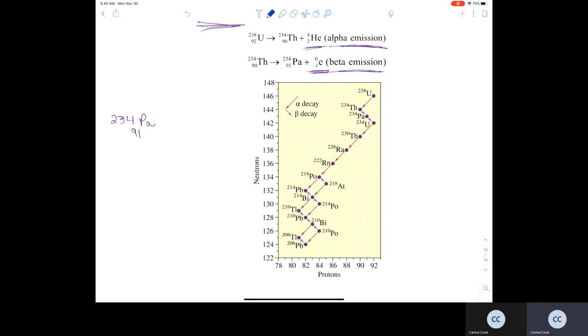It's one of those actinides that are at the very bottom of the periodic table. And so it will further decay into uranium-234.